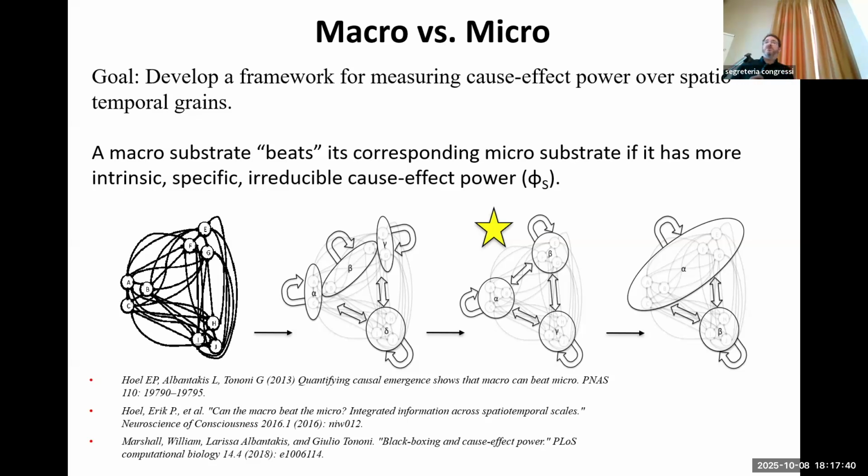I need a substrate for measuring macro cause-effect power. Then we say the macro substrate beats the corresponding micro substrate if it has higher integrated information. You start with something very micro, maybe go up to a meso level, and here's where you find your maximum, and then you could go coarser, but at that point the integrated information starts going down. There's no necessity that it has to be one peak; it's not a convex function of grain.